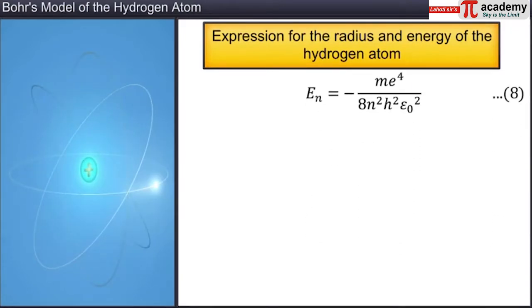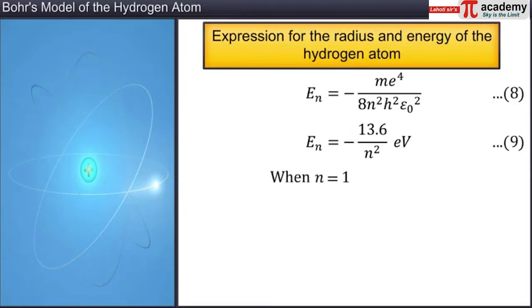Substituting the values of m, e, epsilon naught, h, and simplifying, we get En is equal to minus 13.6 by n square electron volt. Let this be equation 9. The negative sign of the total energy of an electron moving in an orbit means that the electron is bound with the nucleus.